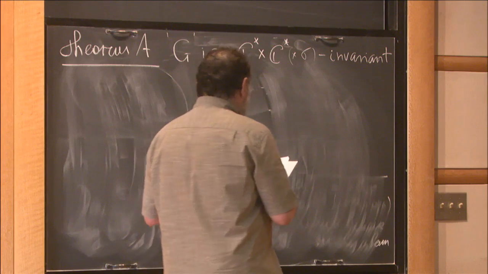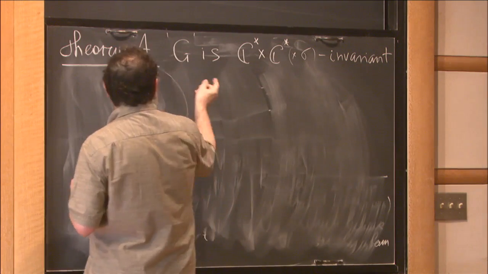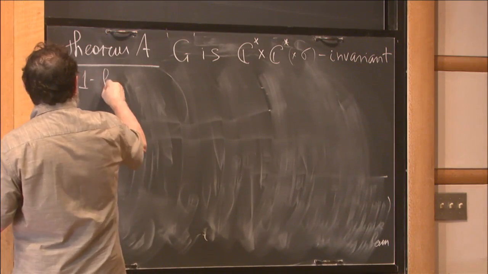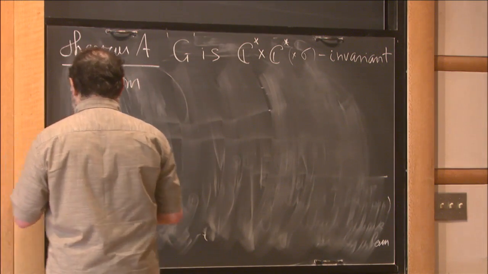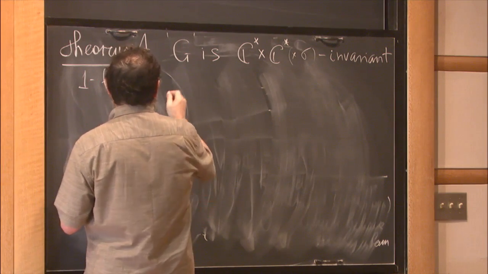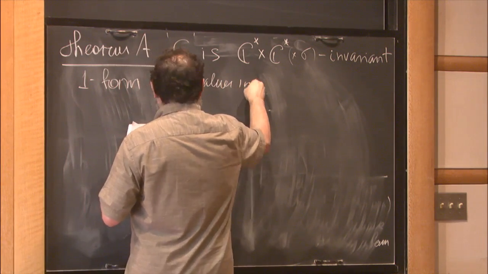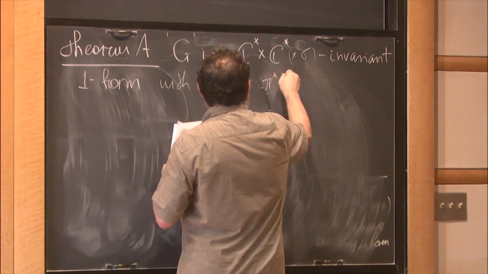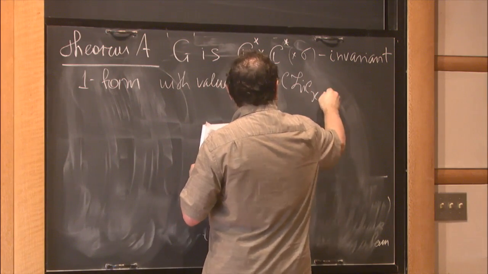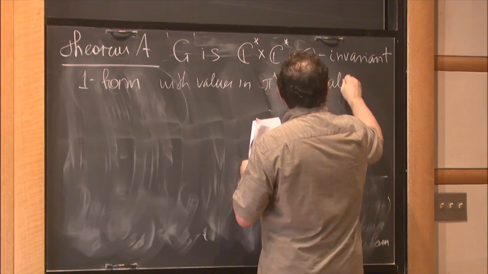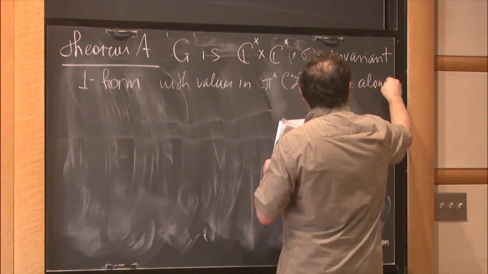So this is a C star invariant one form with values in this guy, which is algebraic along C2.